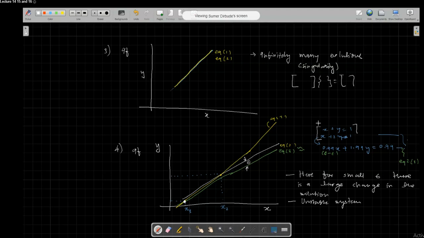Say, for example, with some coefficients a1, a2, I am not saying that x plus y equals 1, x plus 2y equals 1 is unstable. Just to show you representatively, I take one example which may or may not be unstable. But assuming that this is an unstable case where a small epsilon changes the solution, this is an unstable system, also called an ill-conditioned system.